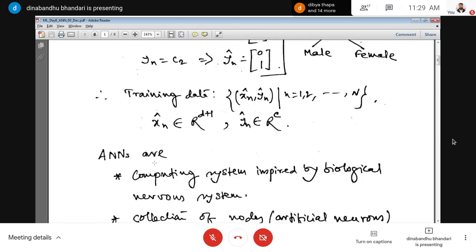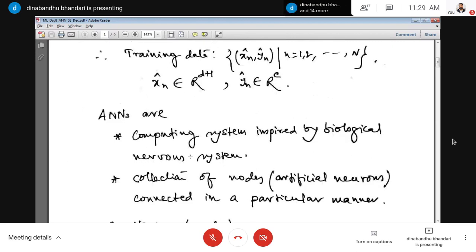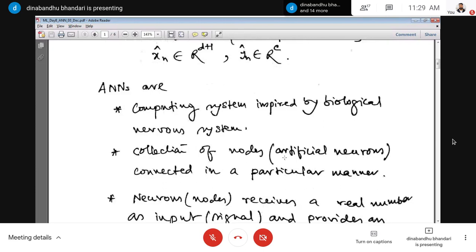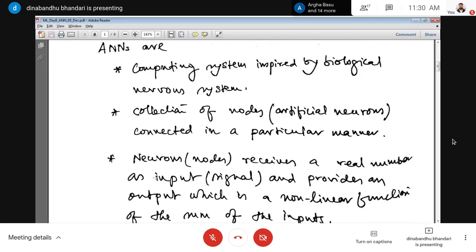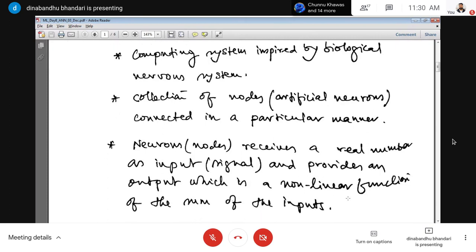Now, what are ANNs? ANNs are computing systems inspired by the biological nervous system, a collection of nodes, artificial neurons, connected in a particular manner. We come to the architecture. Neurons receive a real number as input, that is the signal, and provide an output which is a nonlinear function of the sum of the inputs.